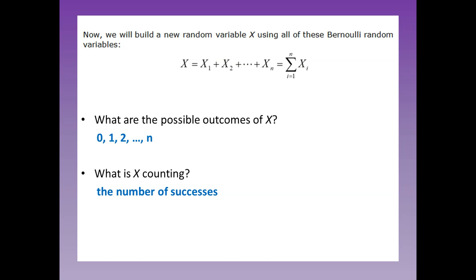If you had 1 plus 1 plus 1 plus 1, n ones added together, you would end up with n. And any integer in between would also be possible. So the possible outcomes of X are 0, 1, 2, 3, and so forth up to n. Therefore, X is counting the number of successes, because every time there's a success, that's when you add in a 1 instead of a 0.